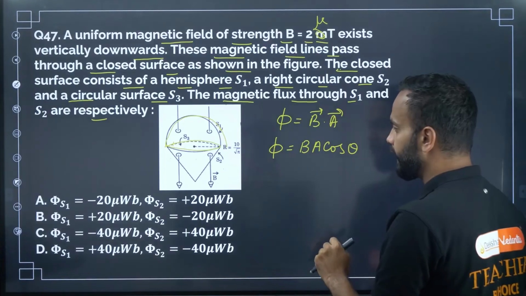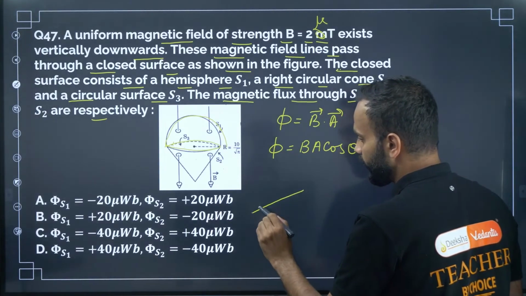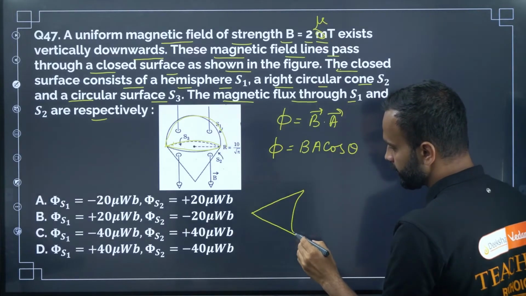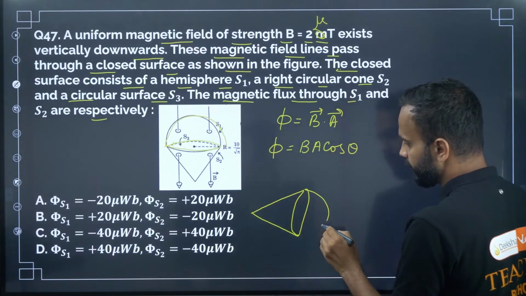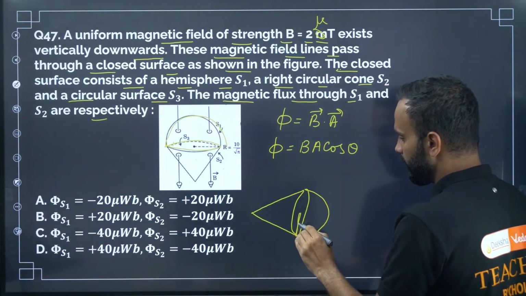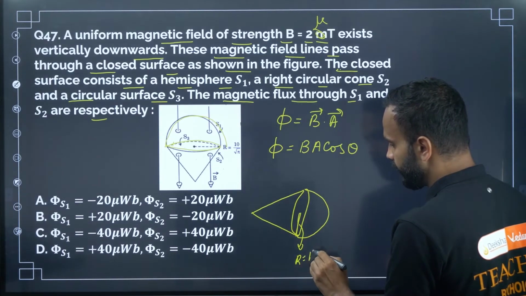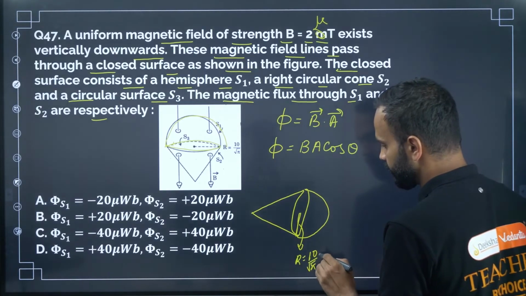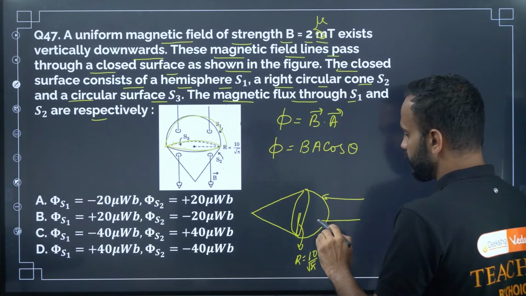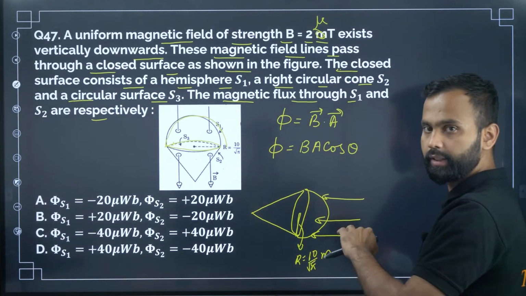I will redraw this diagram. From this point of view, this is how the given shape looks. So this is R equal to 10 divided by root pi meter. This is how the magnetic flux passes through the given surface areas.